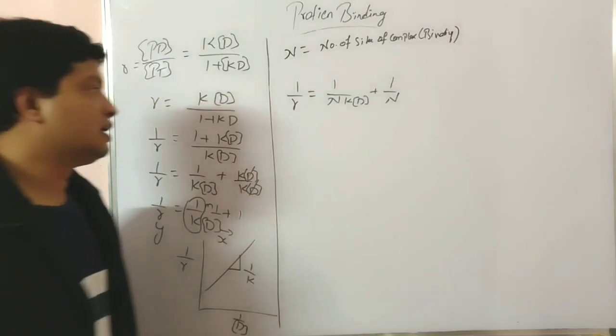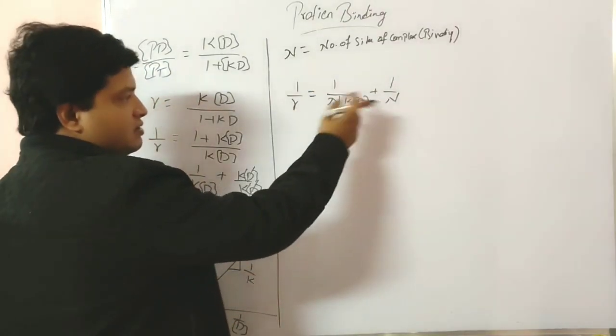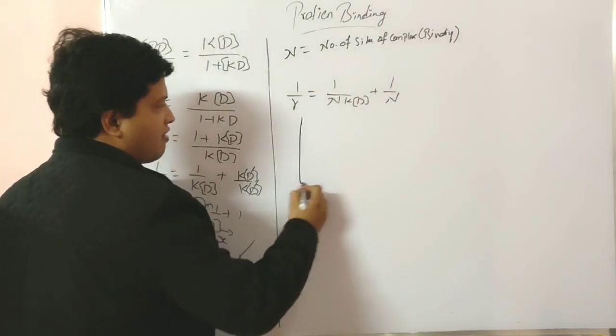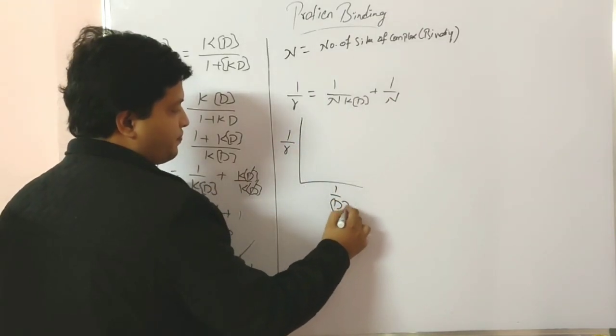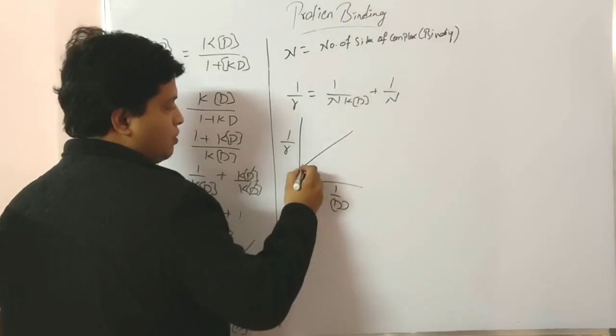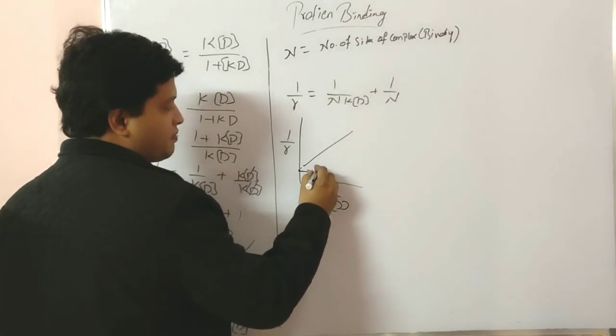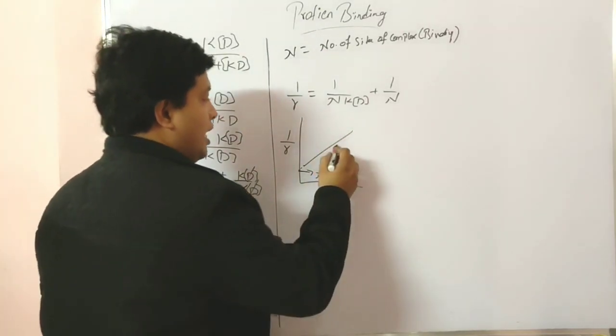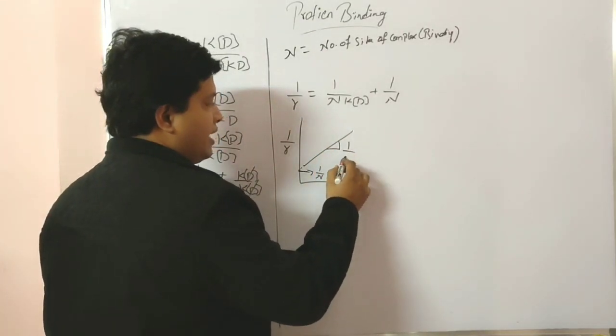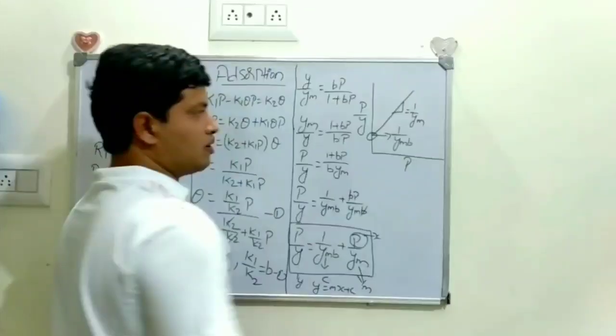Okay, binding. So if I want to plot a graph for this, how will you get? Same simple graph, 1 by r against 1 by d on the x-axis, positive slope, and the intercept will give 1 by n, the number of binding sites, and the slope will give you 1 by nK.